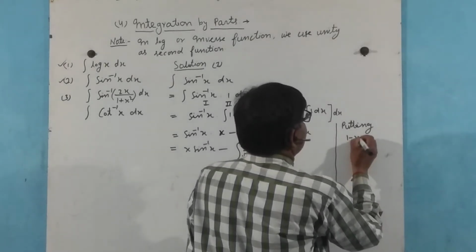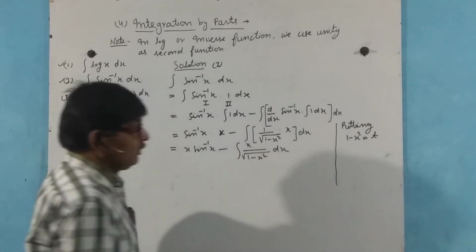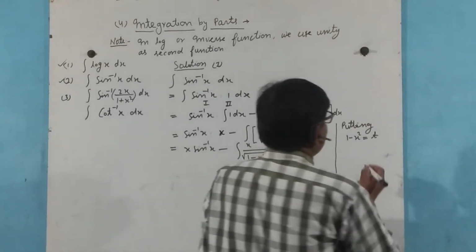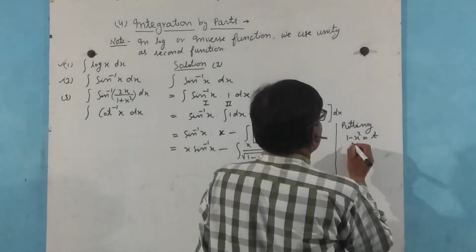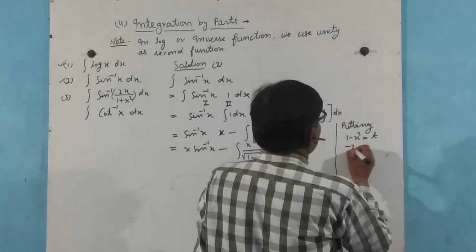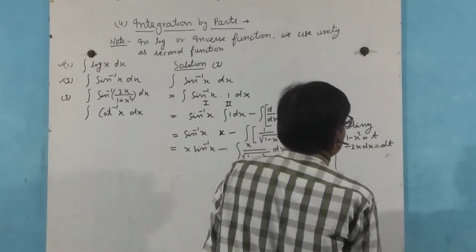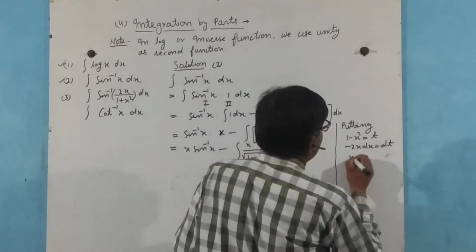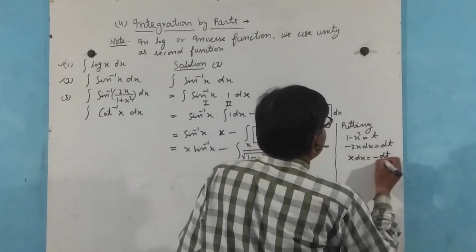Differentiating with respect to x, we get minus 2x dx equal to dt, so x dx equal to minus dt by 2.